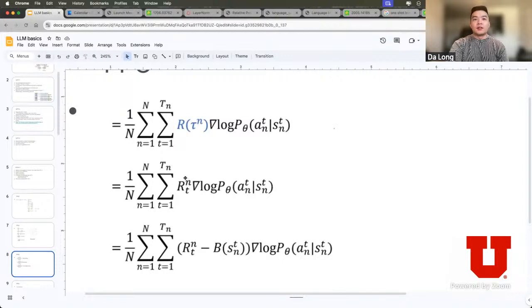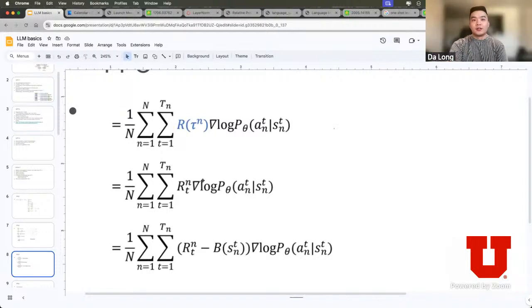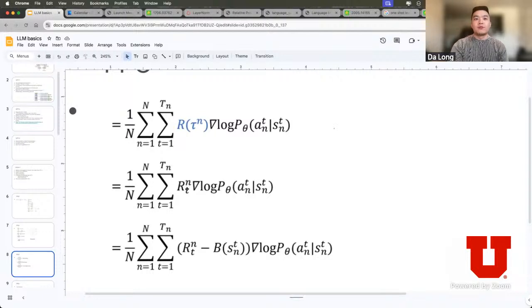So that's why they use a reward at a time step. I mean the reward is not for the entire trajectory. It's not for this step only, it's for all of the rewards starting from step T, the long-term rewards starting from step T.